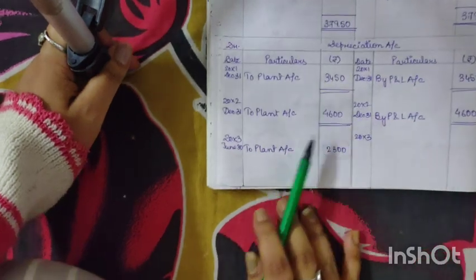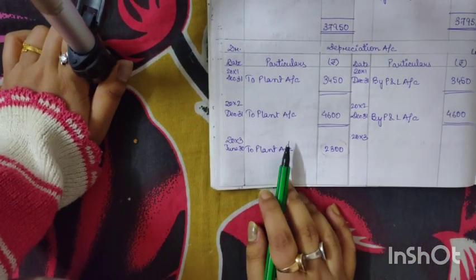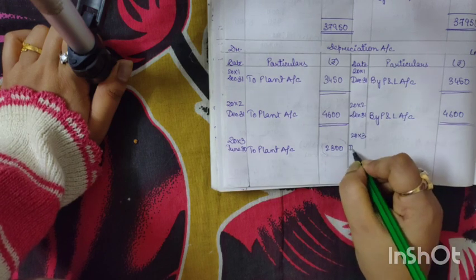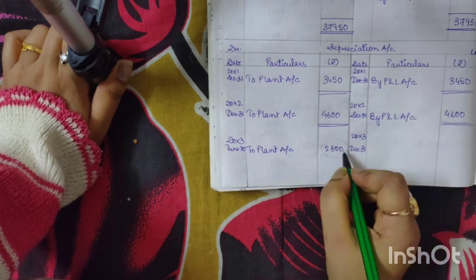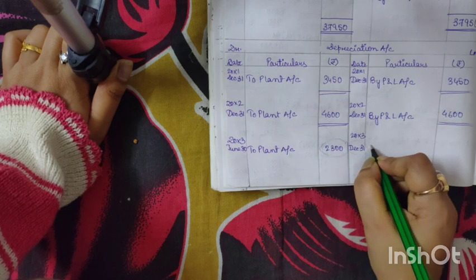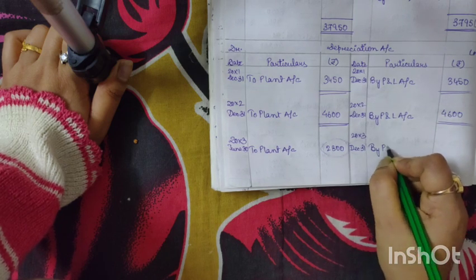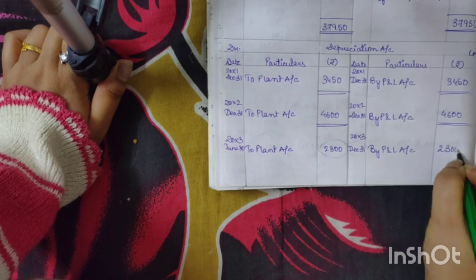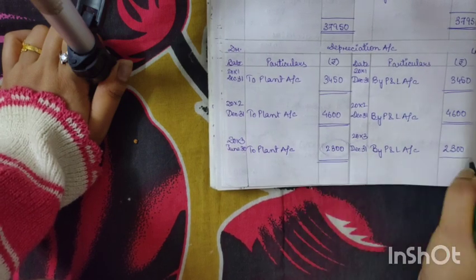But the thing is we are maintaining final accounts at the end of the year. So here, December 31st, means the amount of depreciation will be transferred on the date December 31st only. So by profit and loss account 2,300. So this is done. So the sum is done.